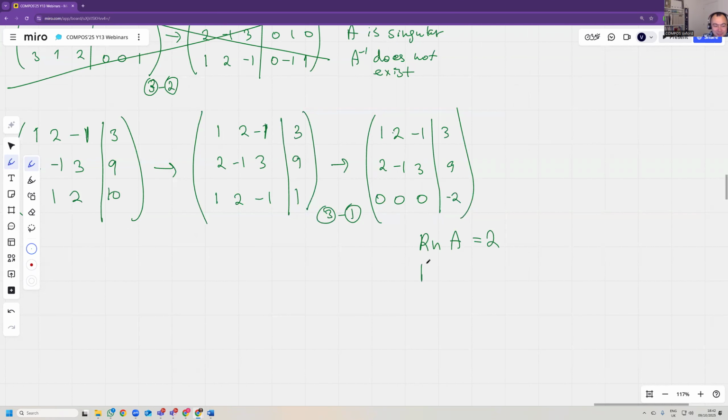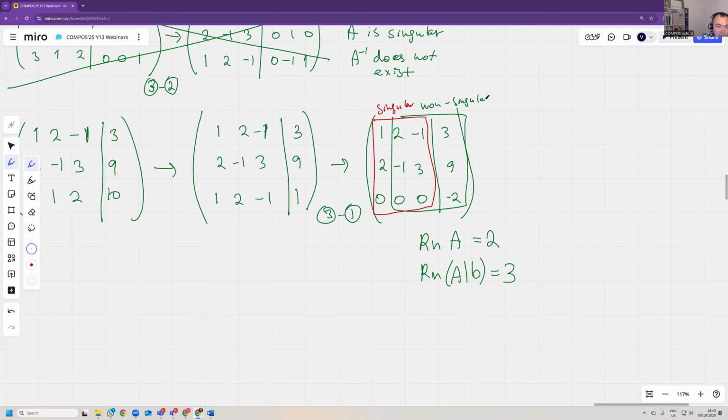The rank of A is 2. But the rank of A slash B, the extended matrix, is 3. How do I know it's 3? Well, I can see that this matrix is singular, and this is non-singular.